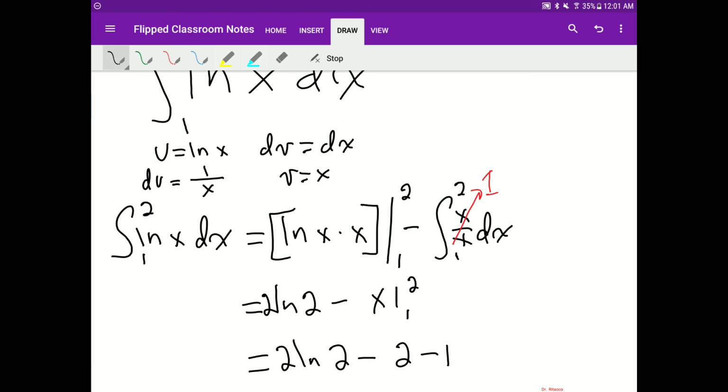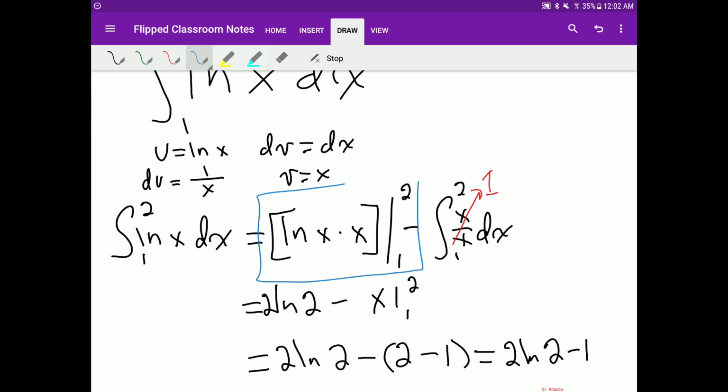B minus A. So 2 natural log 2 minus 1. And there you go. So the only difference, really, when we start dealing with definite integrals and integration by parts, right, is that we can't forget we need to evaluate the uv at our limits.